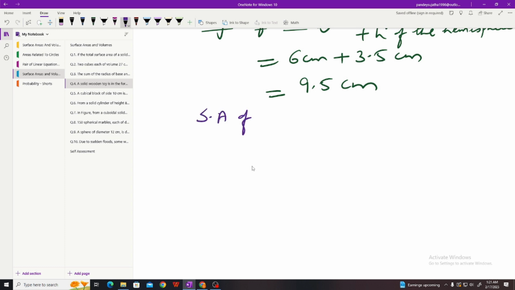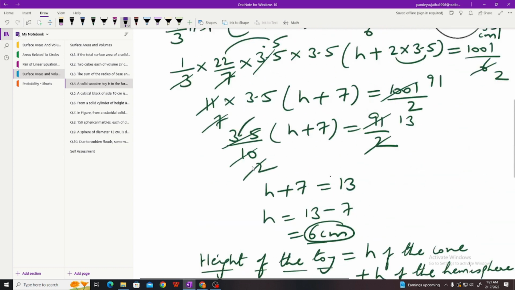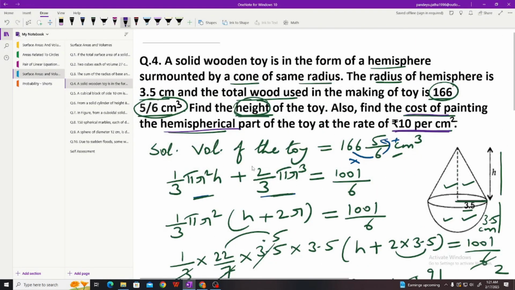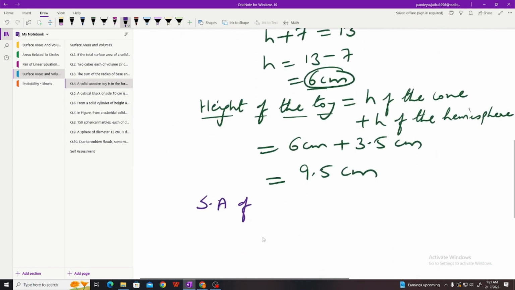Wait, I think they have asked us to find the cost of painting the hemispherical part of the toy. So just painting this portion. So we need to find the surface area of the hemisphere.